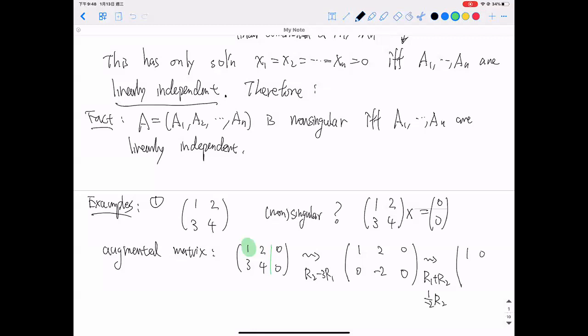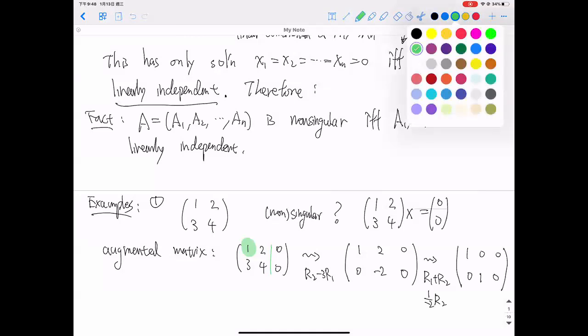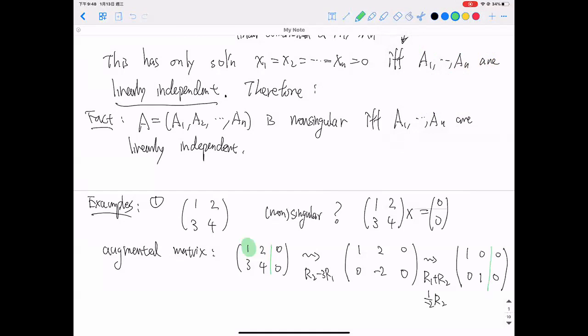And that'll bring the matrix down to the reduced row echelon form, which is given like this.